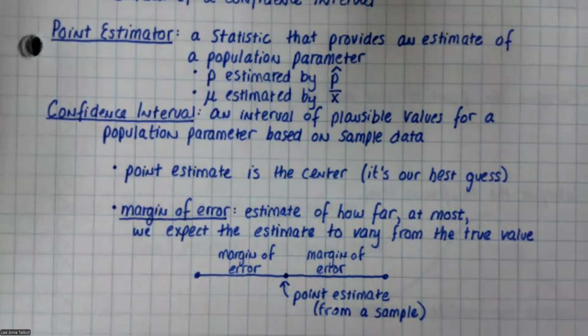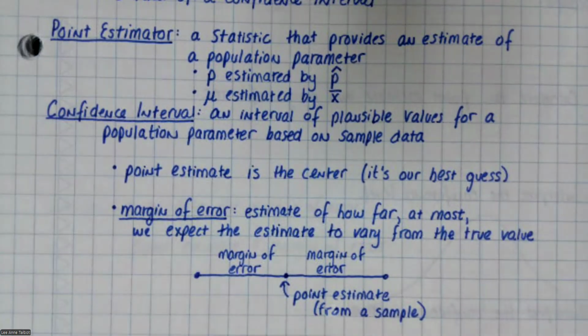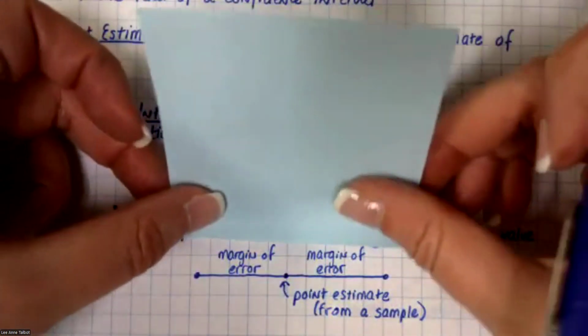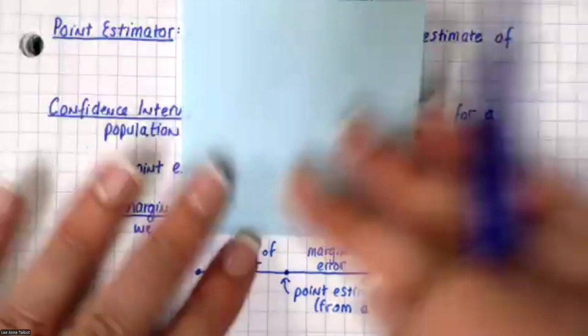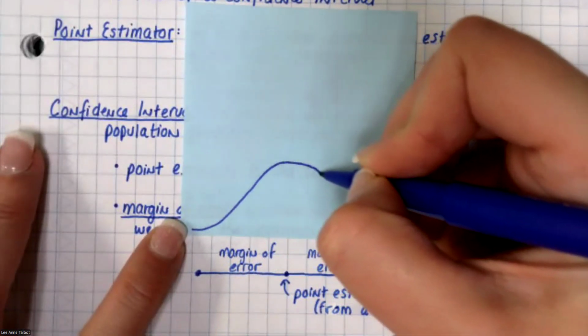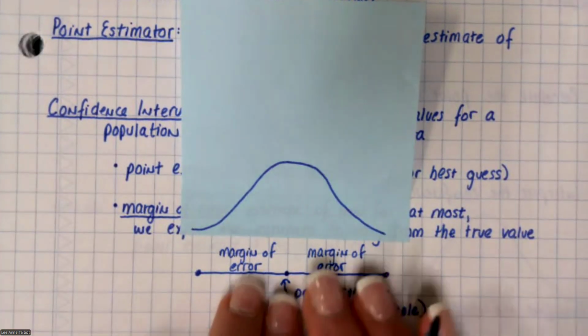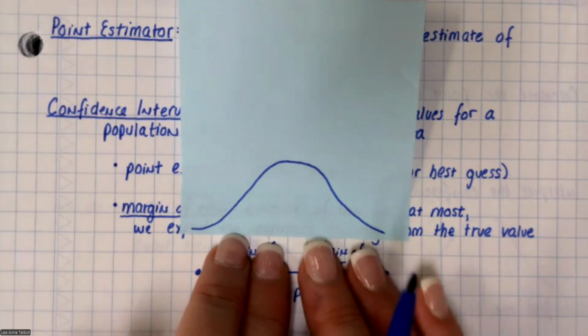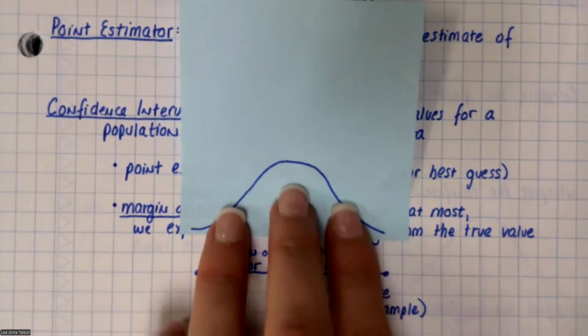Okay, what I want you to do right now is just pause for a second. And I want you to picture something that's living there that I haven't drawn. And you're not going to draw this. Just chill for a second. When I draw a confidence interval, I want to picture a normal curve or a histogram or something like that living above it.